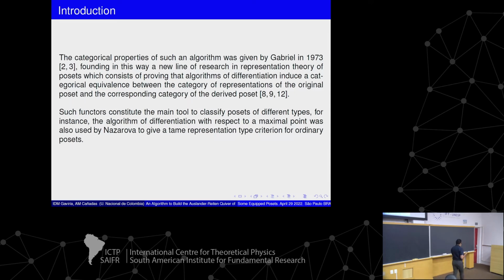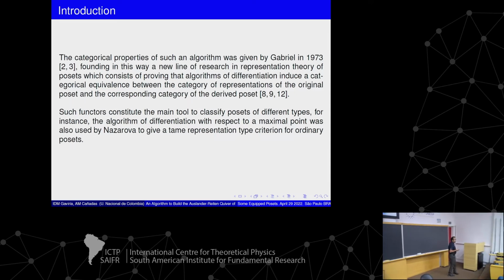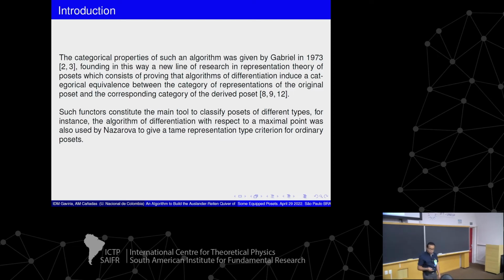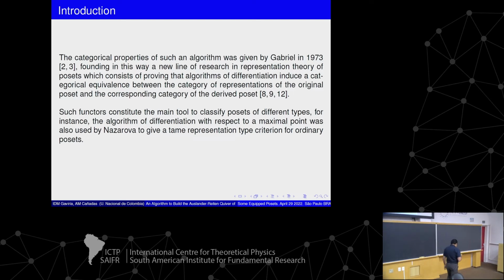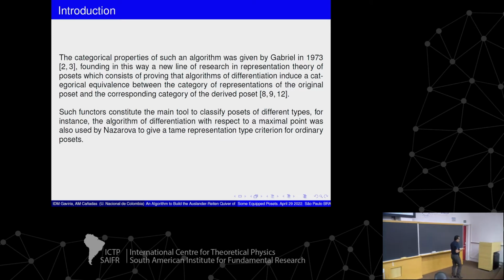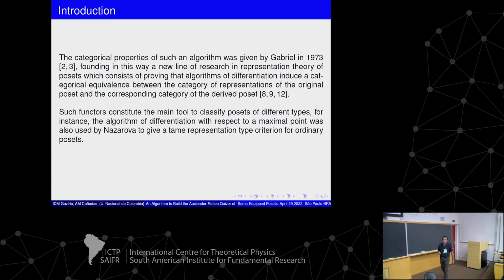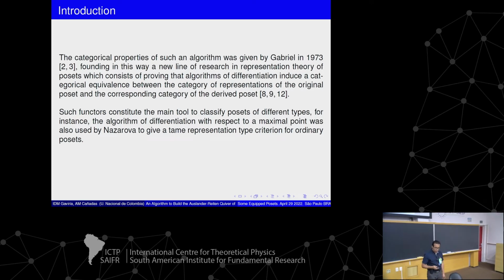For this reason, the algorithm of differentiation is the main tool to do the classification of ordinary posets and posets with additional structure. Also, this algorithm was used by Nazarova to give this criterion to classify a poset of tame representation type.